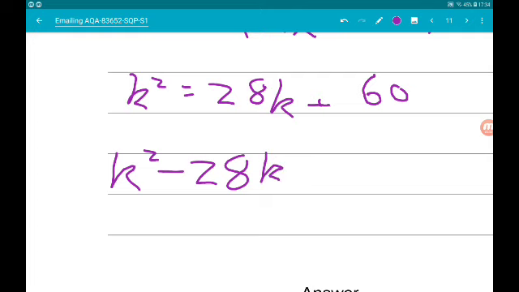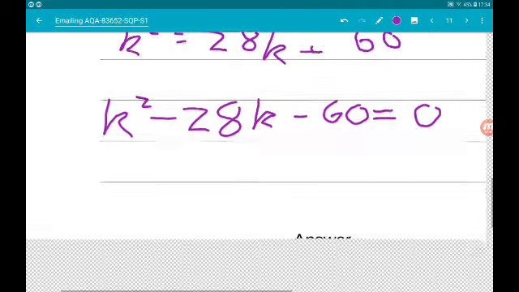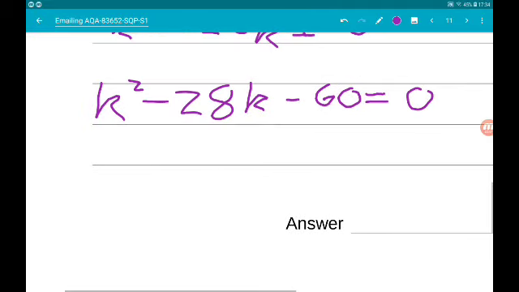And we're also going to take away 60. So minus 60. That is equal to 0. Now, can we factorise this? Be nice if we could. So numbers that multiply together to 60 are 1 and 60, 2 and 30. Bingo. 2 and 30 have a difference of 28.